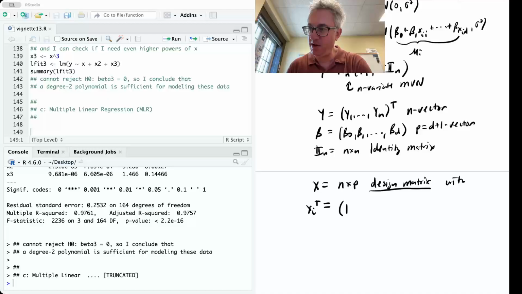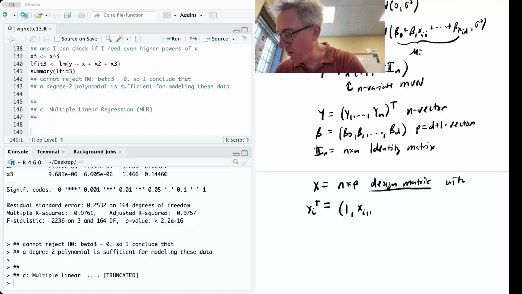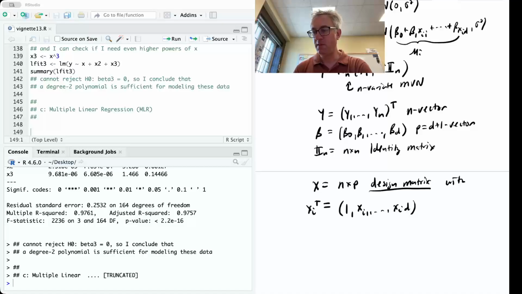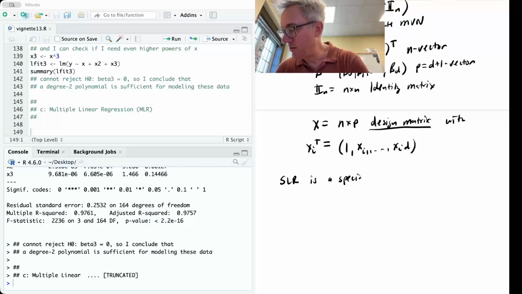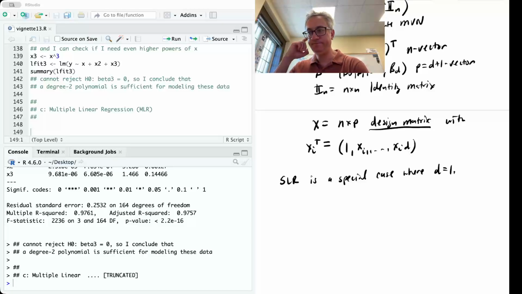That's what gets multiplied by beta 0. And then the things that get multiplied by beta 1 up to beta d are xi1 up to xid. And if you look closely at this, SLR, or any of the three ways of writing it out, is a special case where d is equal to 1.